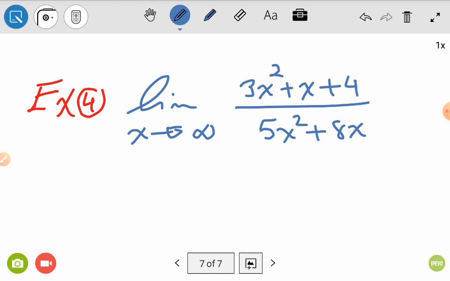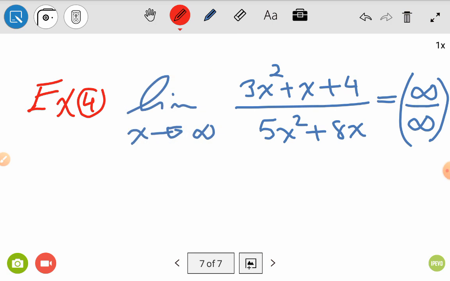Quickly, apply direct substitution first. Infinity squared is infinity, times 3, plus infinity plus 4 is infinity, because it's a very large number, over 5 times positive infinity squared plus 8 times infinity, all of this positive infinity. This is called indeterminate form.